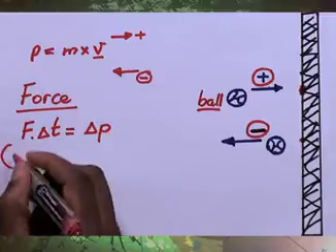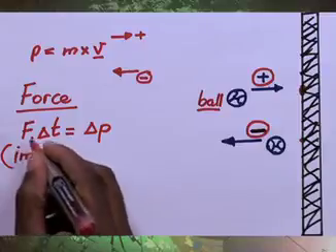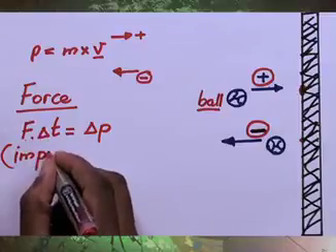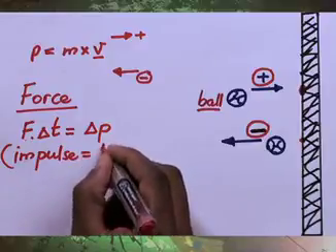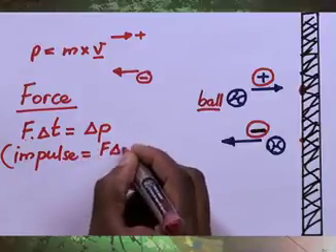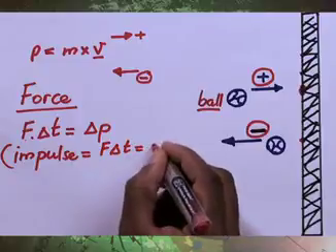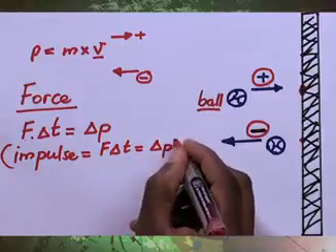And this quantity, the F delta T, is known as impulse. So impulse equals F delta T equals change in momentum.